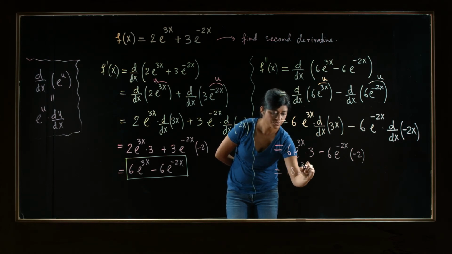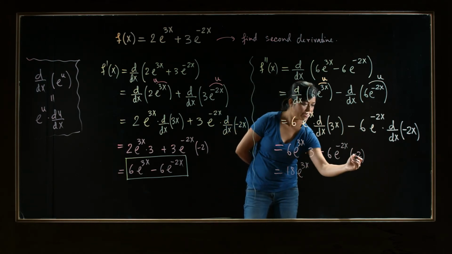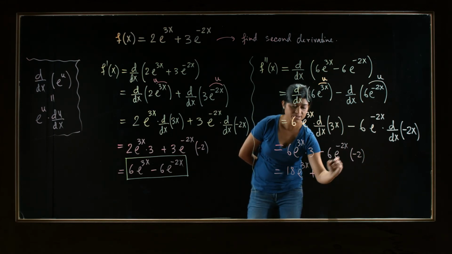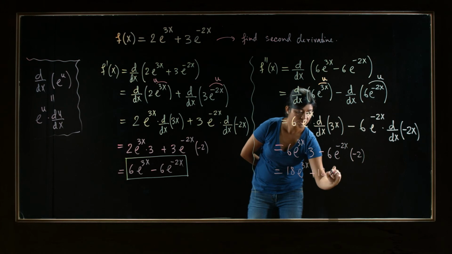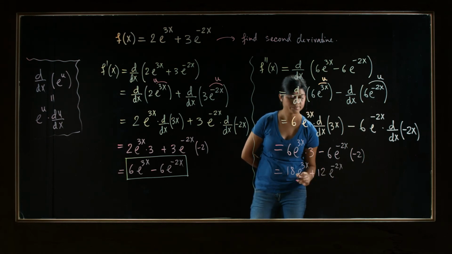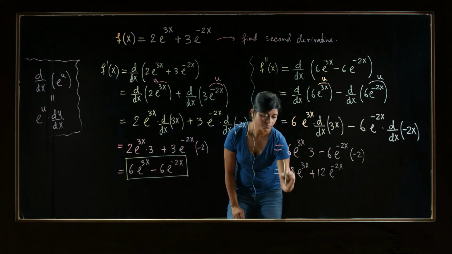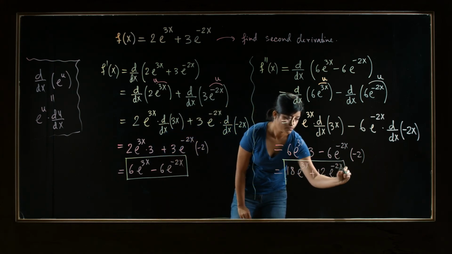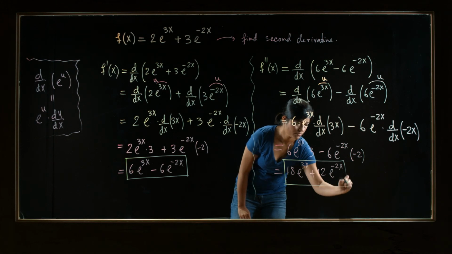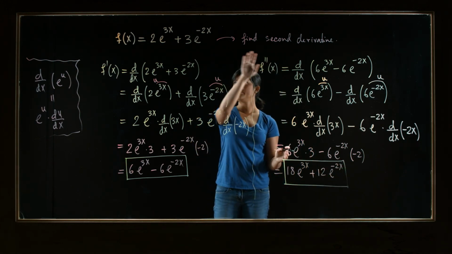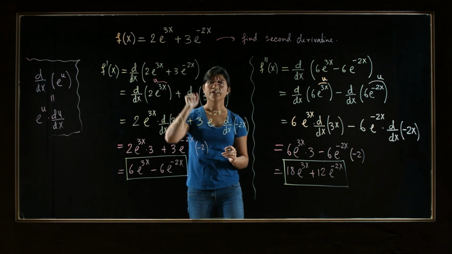So this is 18e to the 3x. And there we have negative 2 and negative 6, so you get positive, and 6 times 2 is 12e to the negative 2x. This final expression gives us the second derivative of this function f.